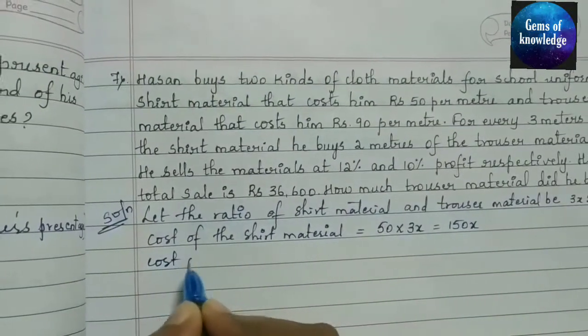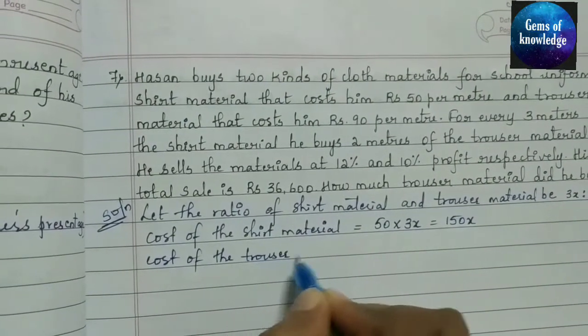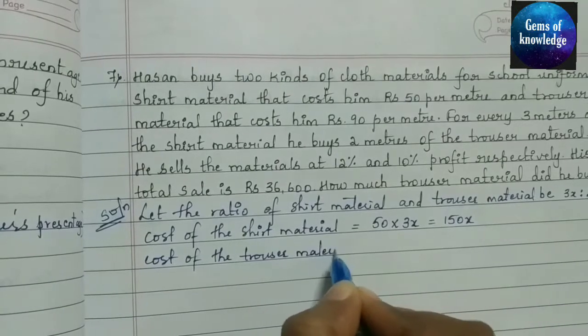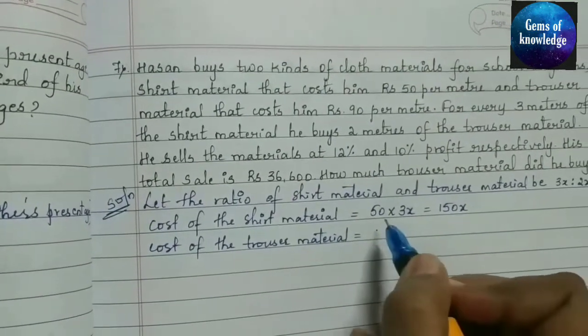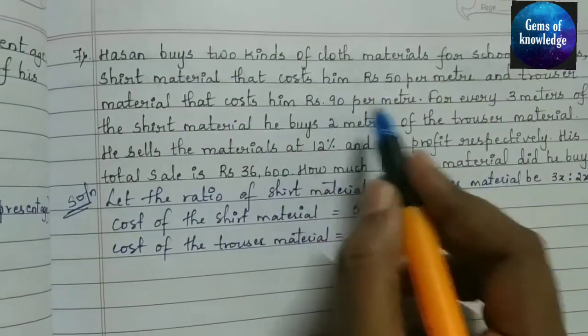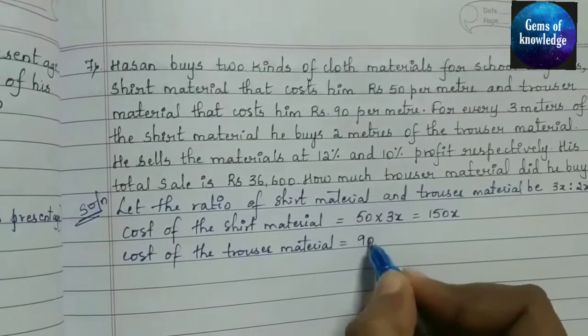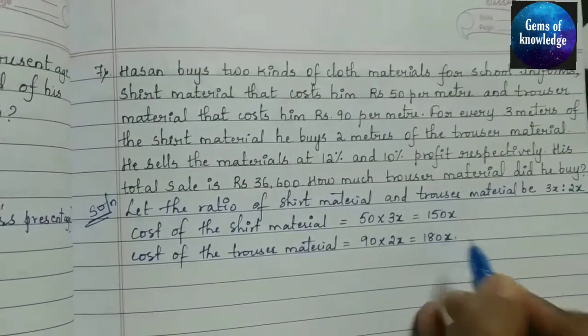Similarly, we will find out cost of the trouser material. That is nothing but 90. You can see here trouser material cost him rupees 90 per meter. So 90 into 2x, that will be equals to 180x.